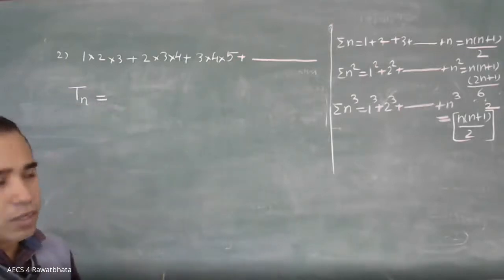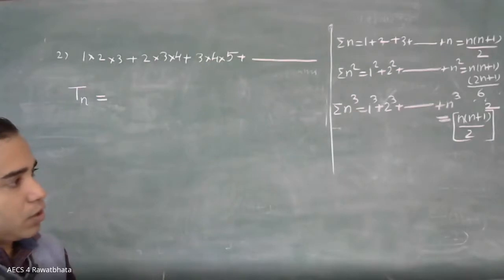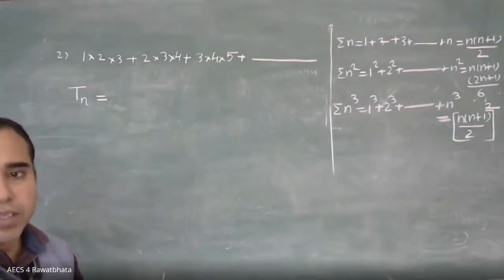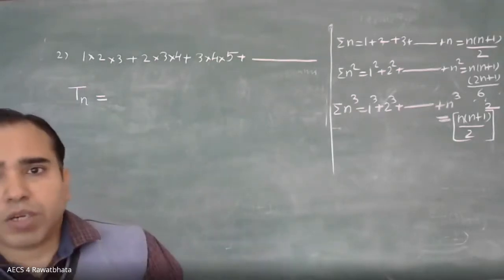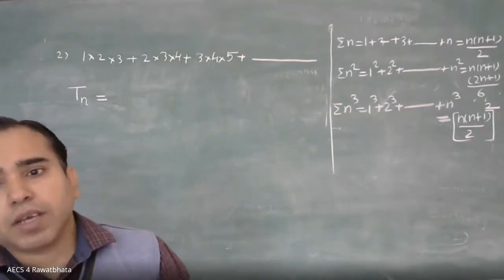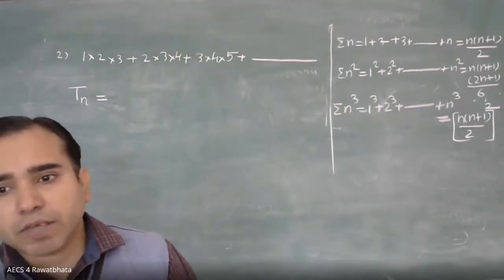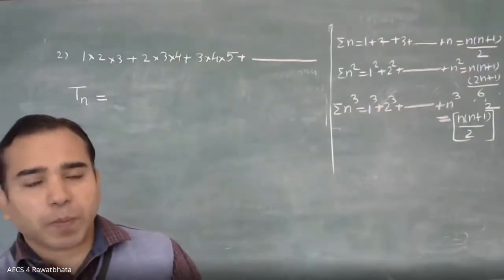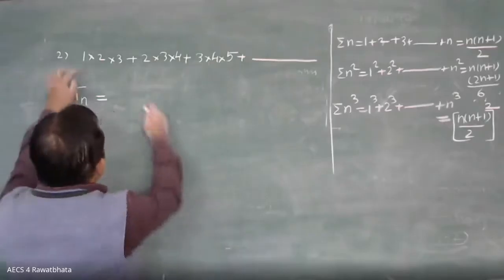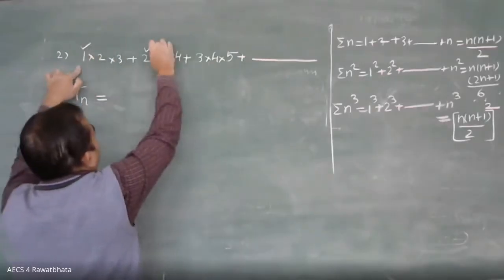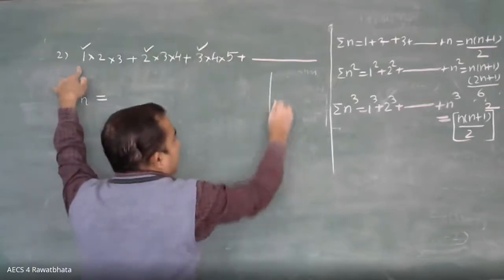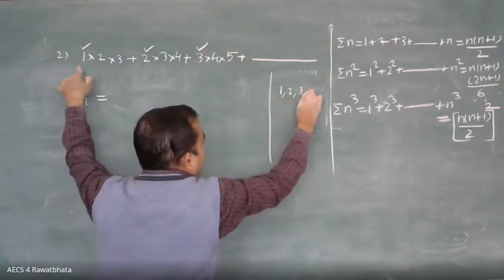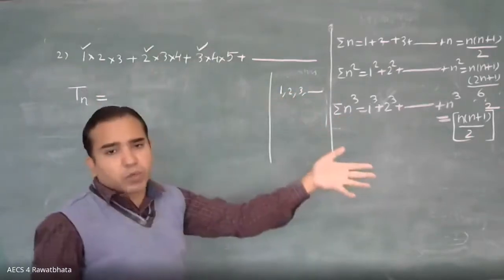What should be its nth term, students? So the nth term also will have three factors. What three factors? Can someone from C say? What should be the nth term? n into n plus 1 into n plus 2. Yes, because the first factors, if you see, 1, 2, 3, this is an AP, so there is no need to work out its nth term in rough.